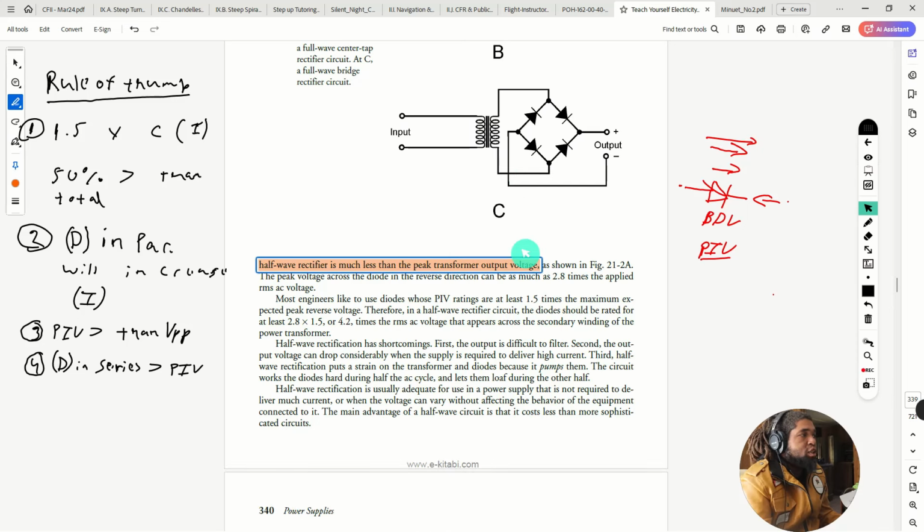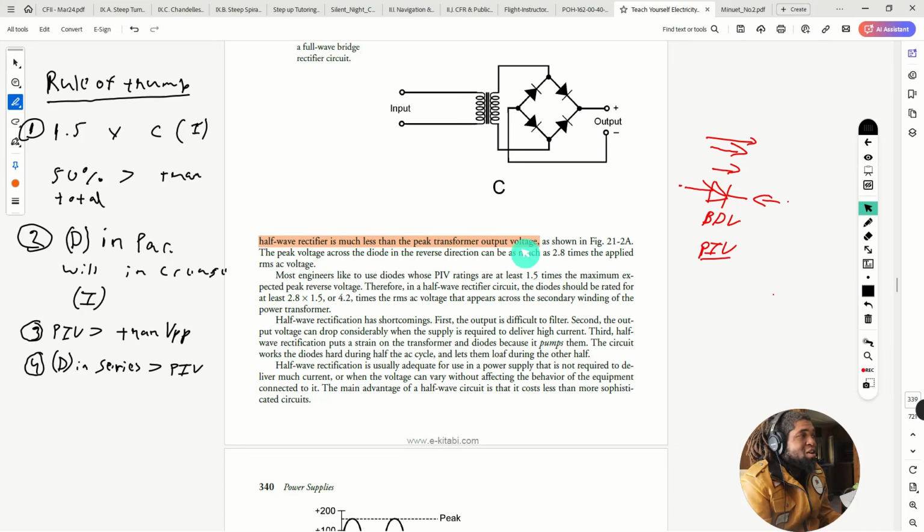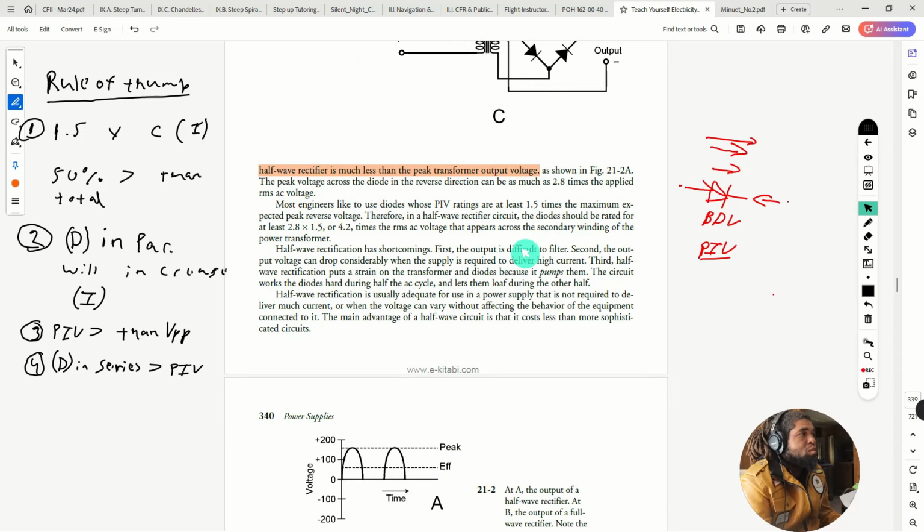The peak voltage across the diode in the reverse direction can be as much as 2.8 times the applied RMS voltage. Most engineers like to use diodes whose PIV, that's peak inverse voltage rating, is at least 1.5 times the maximum expected peak reverse voltage.